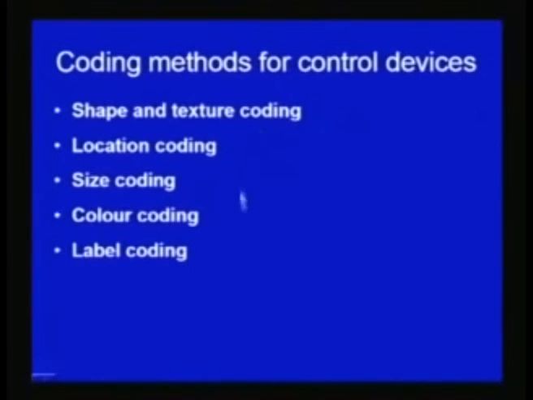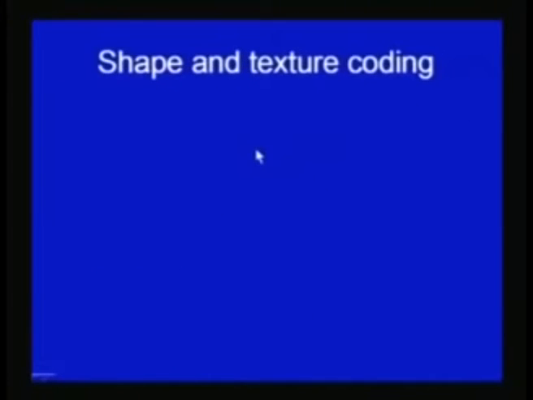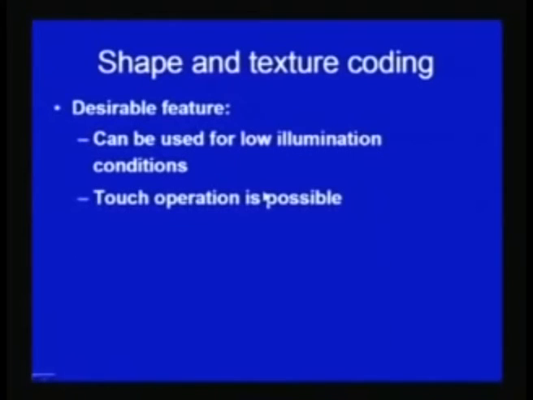Each coding method has its own advantages and limitations. So, depending upon the anthropometric data and the working conditions in which a worker is working during the operation, all those are kept in mind while selecting any of these coding methods for control devices. We will cover first the shape and texture coding method.